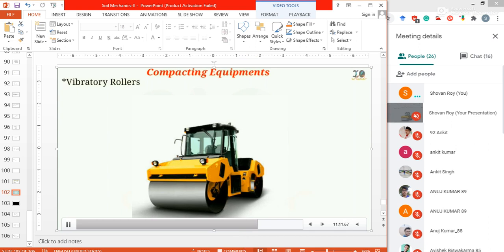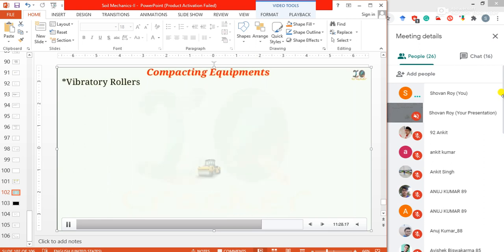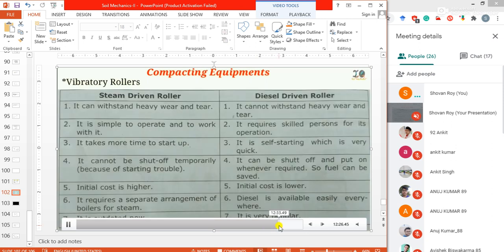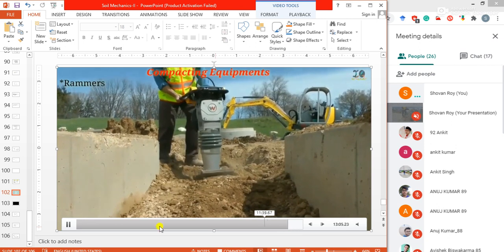This is the vibrated roller. This is the rammer.